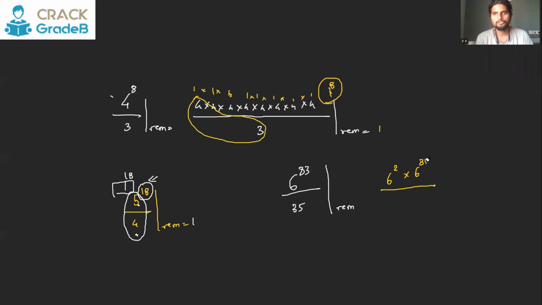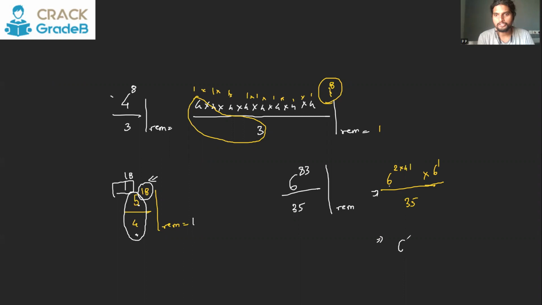Or you can just write 6 raised to the power 2 into 41. That will take care of 6 raised to the power 83 and 6 raised to the power 1 separately. And 35 is the divisor. Why did we do this? So that we can make 36 out of it.